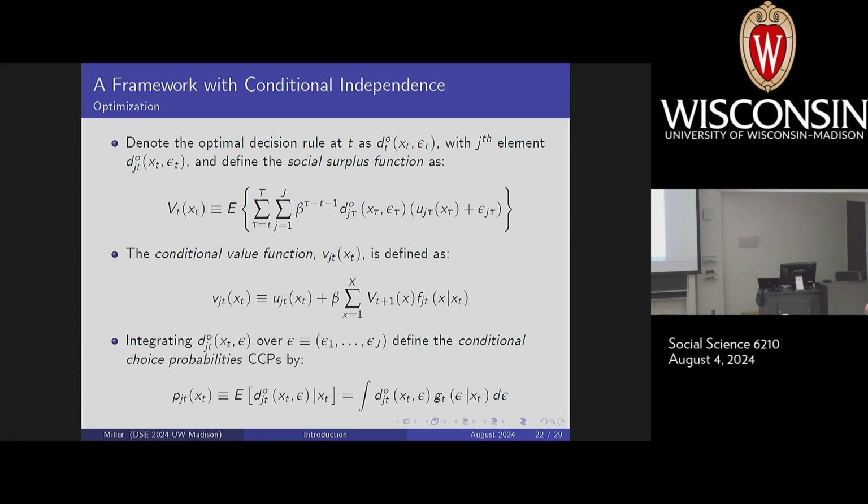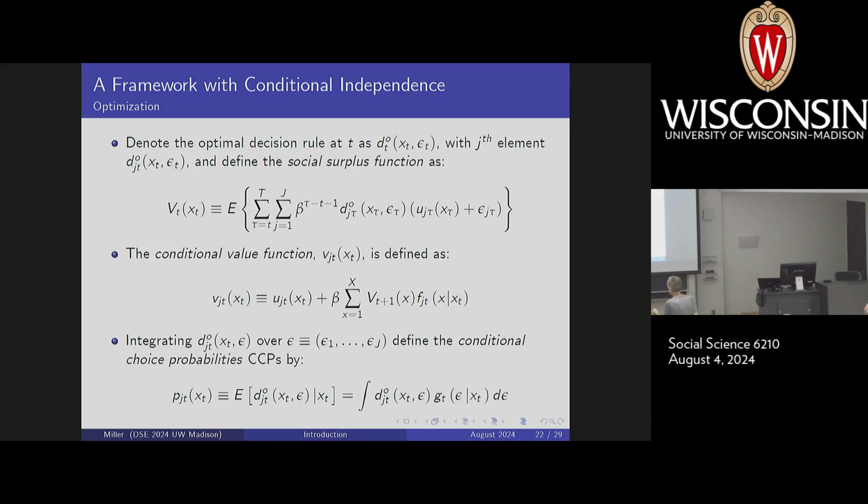Those epsilons, jointly with the x's, are going to affect what choices we make. We're going to make the optimal choice, that's why we've got a D0 here. But we haven't seen that epsilon yet, let alone the future epsilons, and that's why we're integrating over those possible choices. Because we haven't seen our epsilon yet. We do know our x, and we call that the social surplus function.